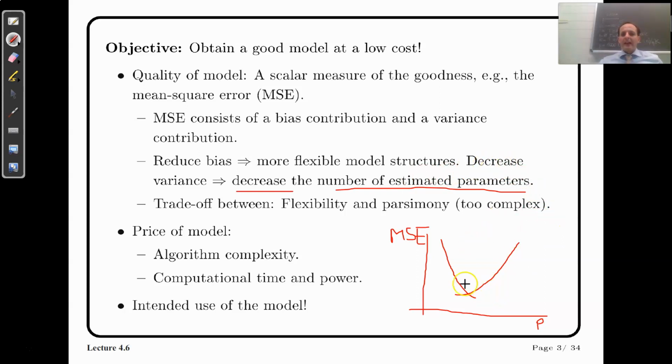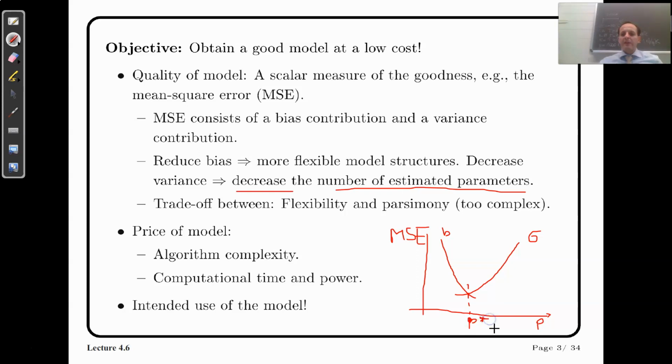So on one side, you reduce the parameters and you have an increase of the bias here. When you increase the number of parameters, you increase the variance. So in theory, there should be a trade-off, as indicated here. We can indicate it as P star.